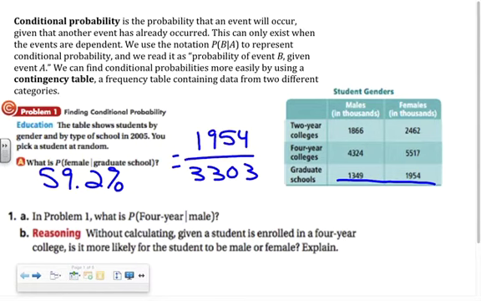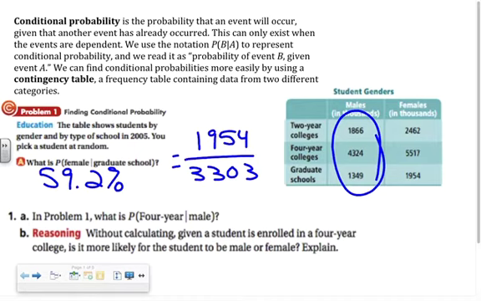So in part A of the second problem 1, it says, what is the probability that a student is at a 4-year university given that the student is male? So I start with the males column, and I add up those values.